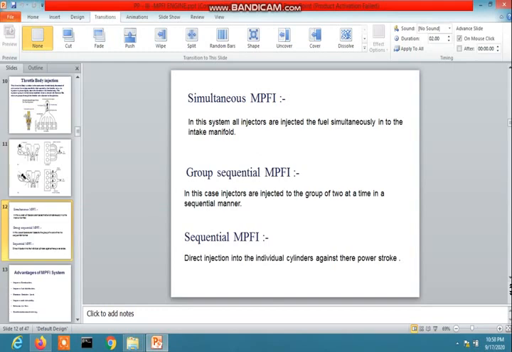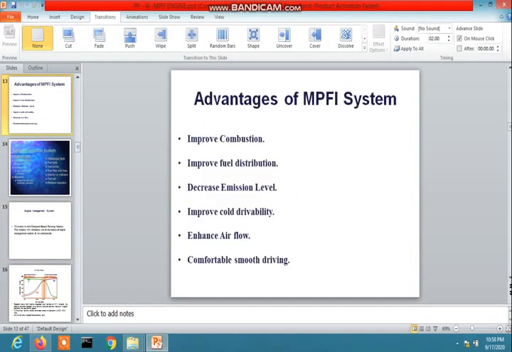Now the advantages of the MPFI system. Basically one is to improve combustion. That means the optimum fuel quantity and spark timing is calculated by the ECU for any operating condition.